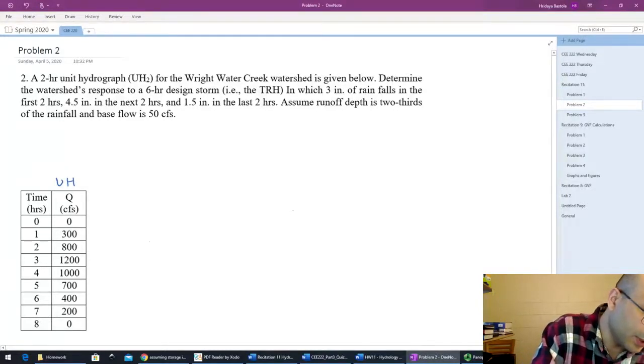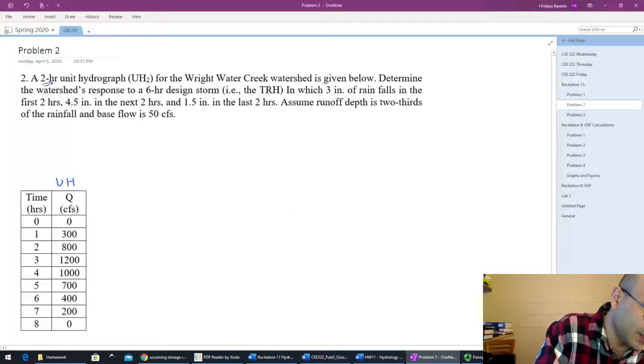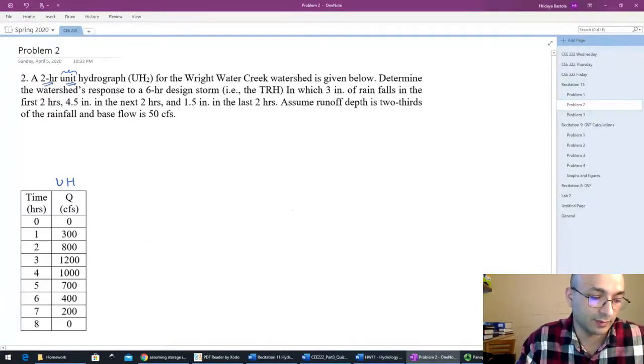The 2-hour is the duration of the storm, and the unit is the amount of excess rainfall.